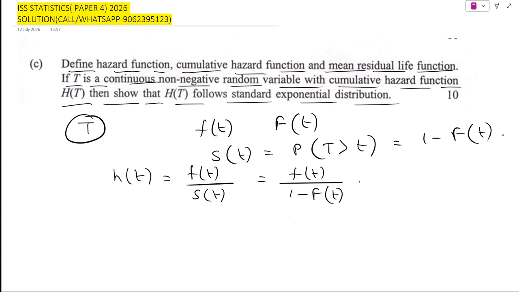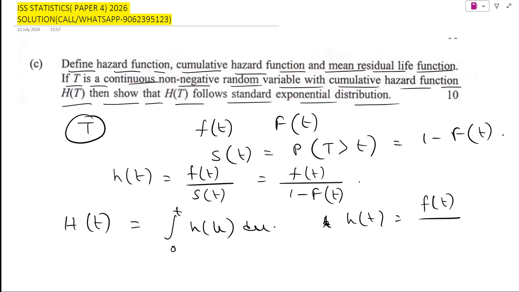Now, the cumulative hazard function is simply the accumulated hazard over time, and it is defined as capital H(t), the integral from 0 to t of h(u) du. Since h(t) is f(t)/S(t), we obtain H(t) equals minus natural log S(t).